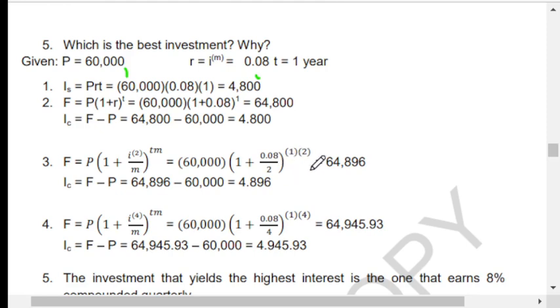So therefore, we have 60,000 times 1 plus 0.08 divided by 2, close, exponent 2. So the answer is 64,896 minus 60,000. So you get 4,896.